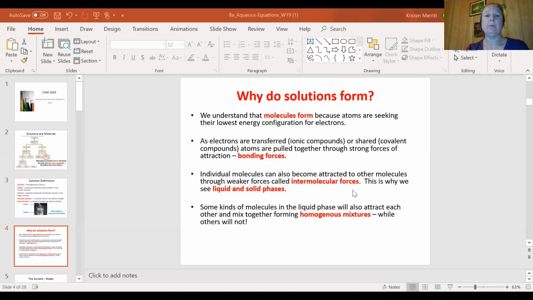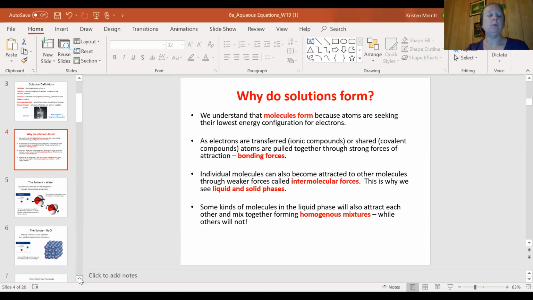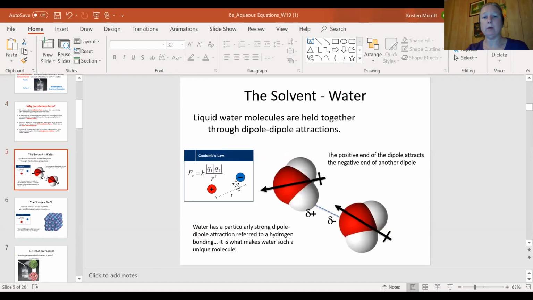So when we are talking specifically about water, it has to do with the polarity. Remember, we learned about polarity last week. You have a dipole moment. You have an area of the molecule, this is one oxygen and two hydrogens, that is more negative, has a negative dipole moment.